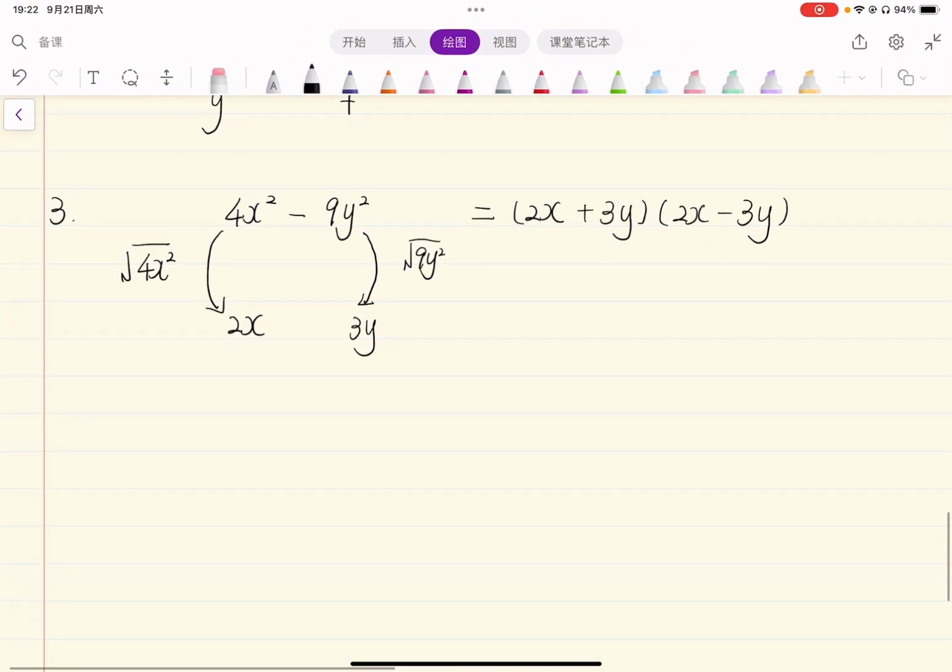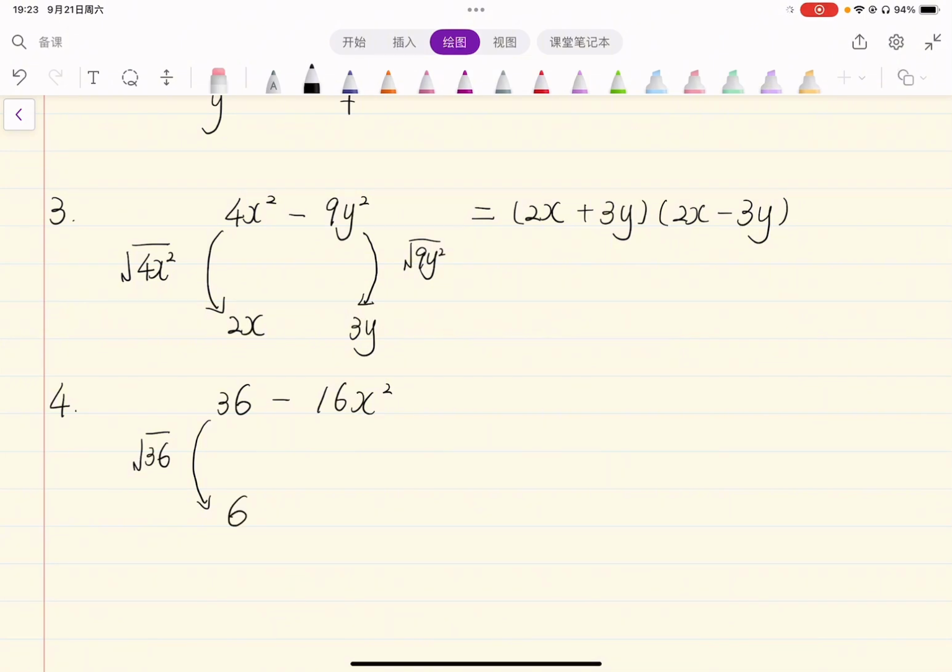Let us have another try. Like 36 minus 16x squared. So similarly, we need to take the square root of the first one, that is the square root of 36. What do we get?